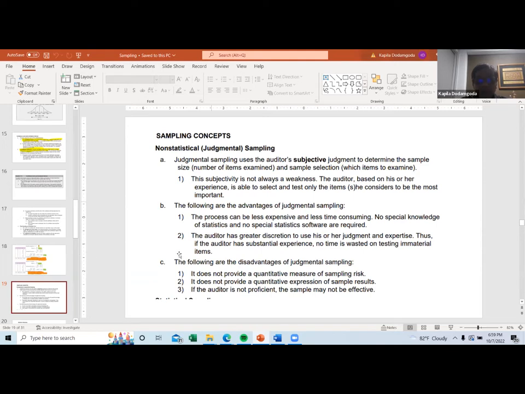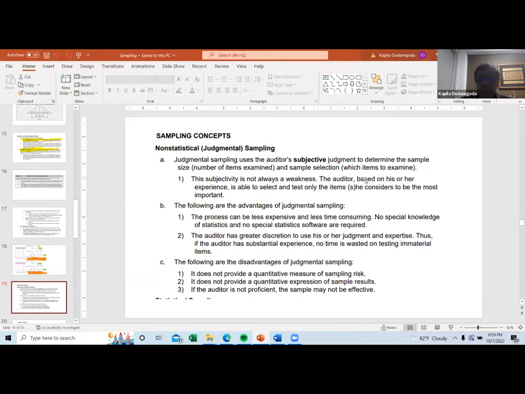Judgmental sampling uses the auditor's subjective judgment to determine the sample size and the sample selection: the number of items, and how to choose those items. So it is purely judgment based. There is no statistical tool, technique, or concept that is used. This subjectivity is not always a weakness.